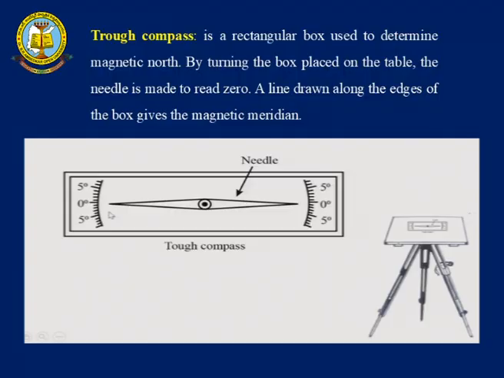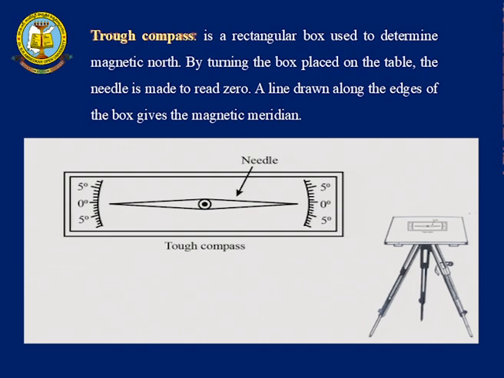Now you can see this in the slide. You can see this sketch of the trough compass. The trough compass is a rectangular box. You can observe here that it is rectangular in shape, and it is useful to determine the magnetic north. It is very important when you are surveying that you take the magnetic north, and you can do this with the trough compass.